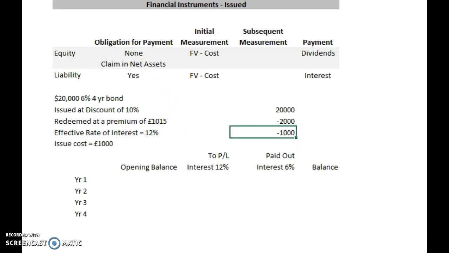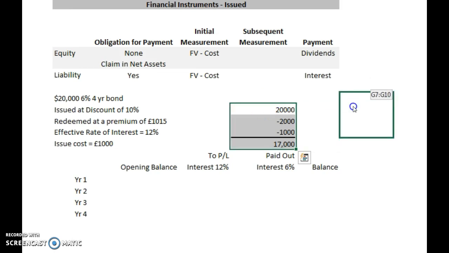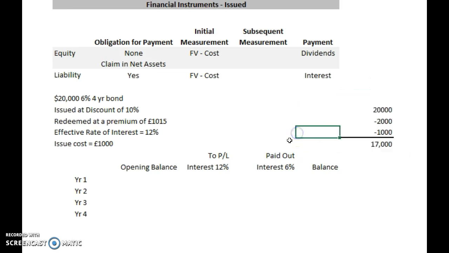So that gives us a starting amount of 20 minus 2 minus 1, 17,000. So we know that's the amount we're going to start with. Okay, so we could start off with this opening amount.